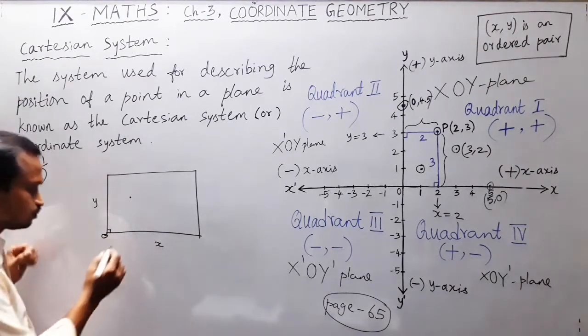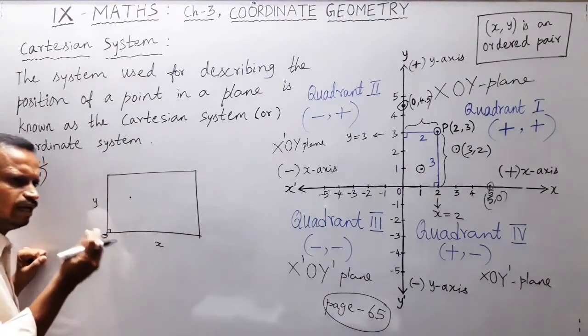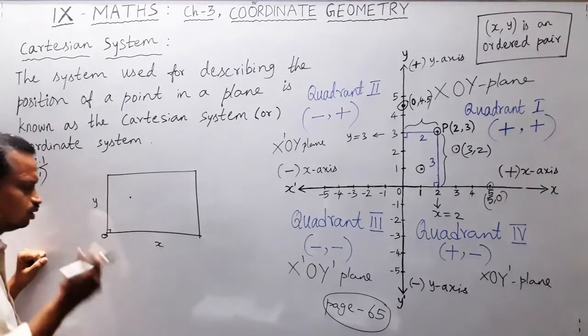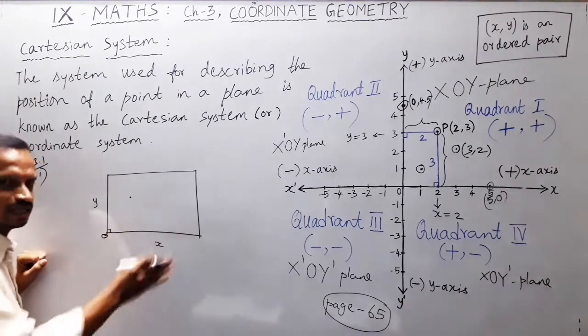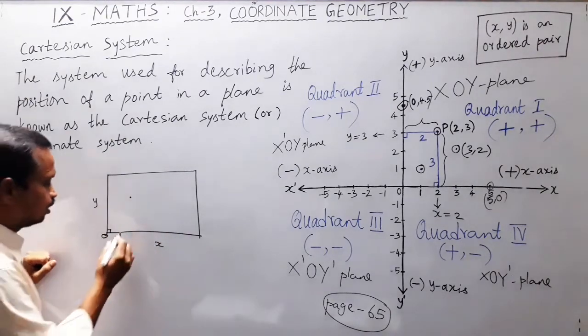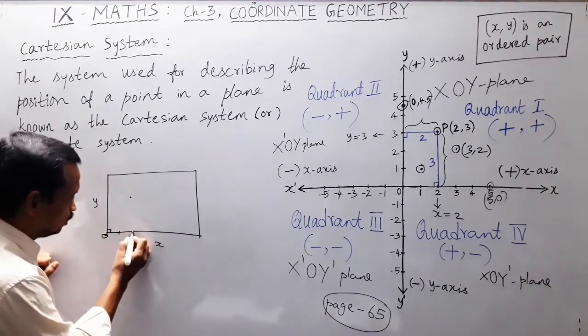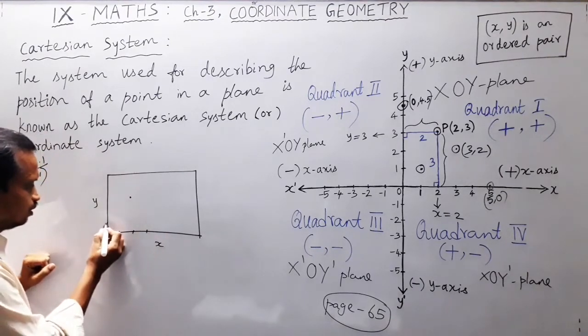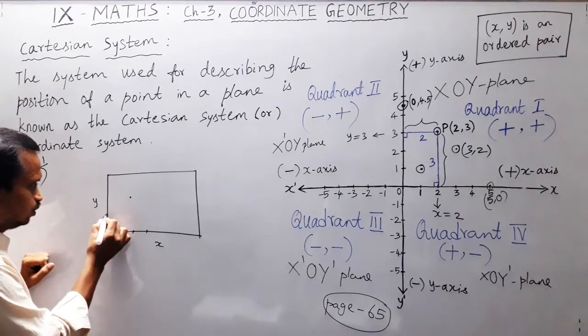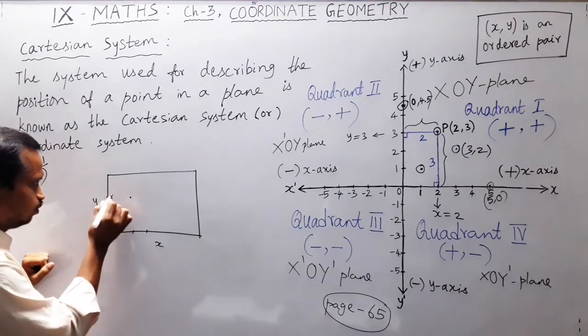Okay, and now you have to take any ruler to graduate the values along the axis, both axes. For example, this is 1, 2, 3 like that, and here 1, 2, 3, 4, 5.